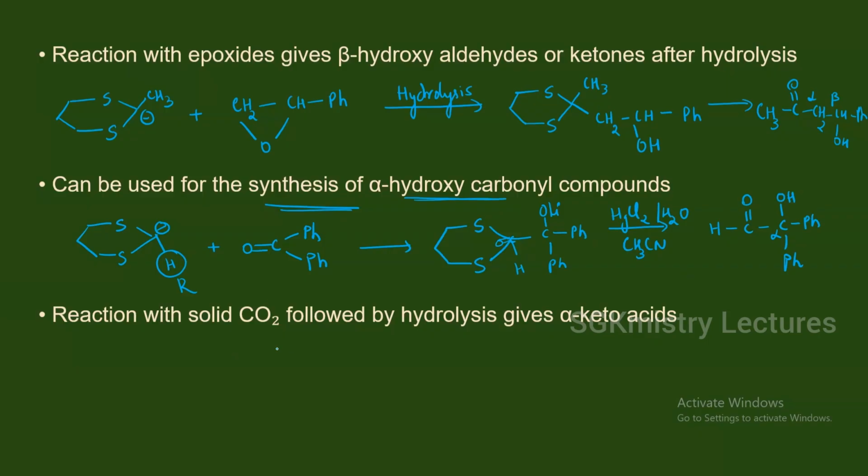Next, reaction with solid carbon dioxide followed by hydrolysis will lead to the formation of alpha keto acids when you're using 1,3-dithianes. So again, let us write the equation. So here there is a carbon, here there is R. Let us write it as minus, so already there is one hydrogen that has been abstracted.